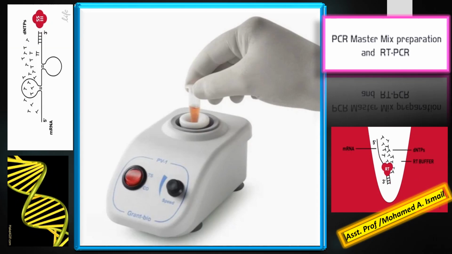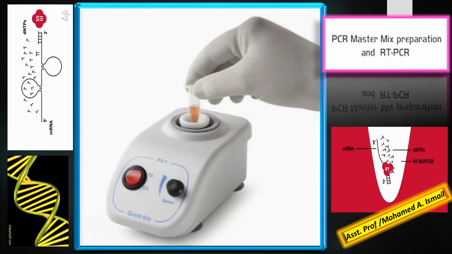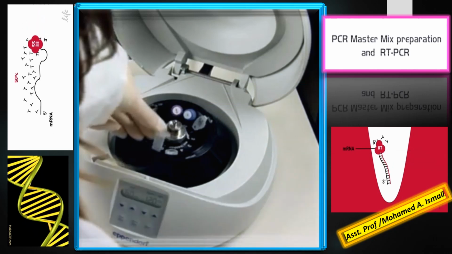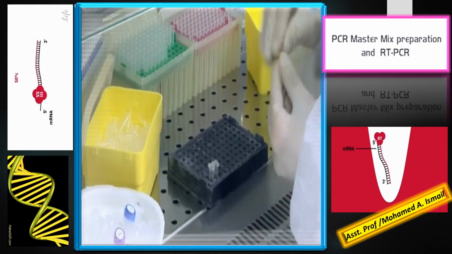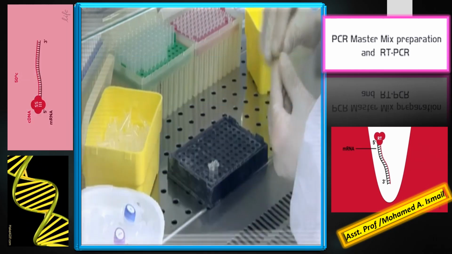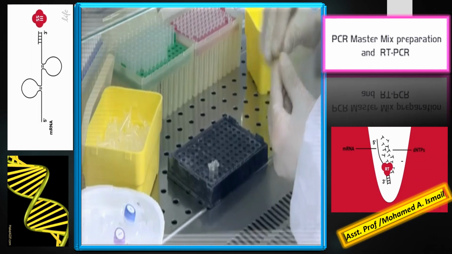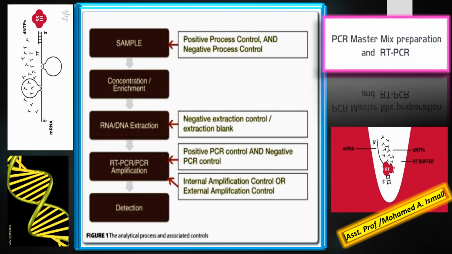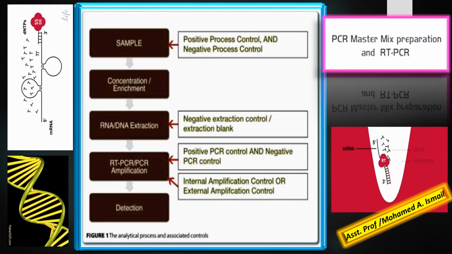Before the reaction mixture is prepared, it's necessary to calculate the final amounts of each reagent required for the number of samples under examination. The positive PCR control and negative PCR control have to be considered in this calculation.